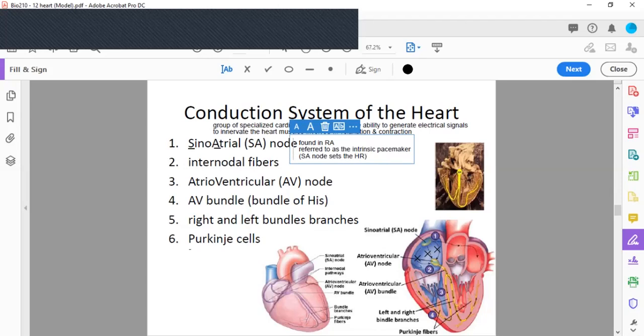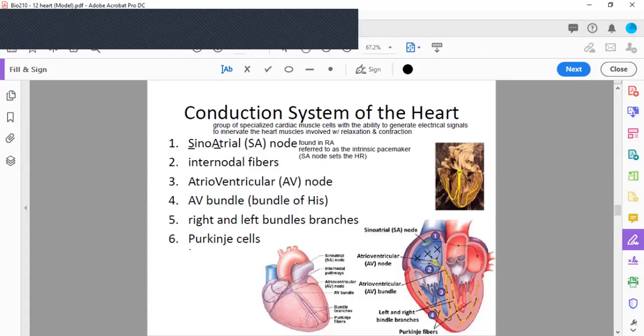Okay. The internodal fibers. When you think of the word inter, it means in between. The internodal fibers can be seen right here, which I drew as XXX.